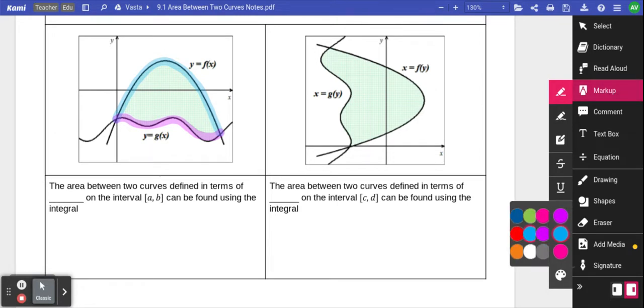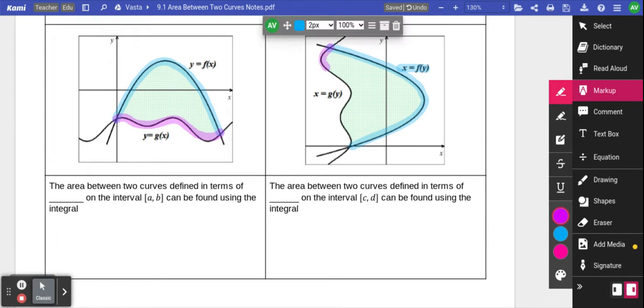Another example of what this might look like is the second picture here, where I've got a curve that looks like this. And you'll notice that in the equation here, the x is by itself and y is the variable. We say that this curve is in terms of y. And I've got a curve that goes like this. And you'll notice that I'm finding the areas between those two curves.